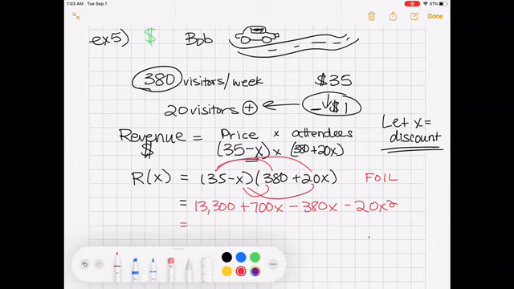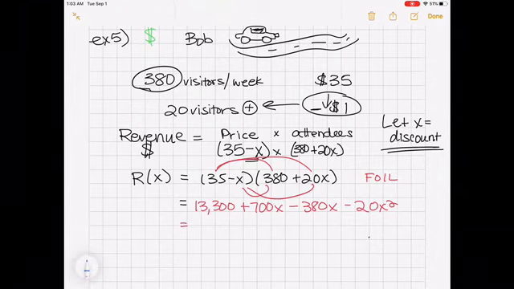Well, what do we have here? We're just looking at a quadratic function.